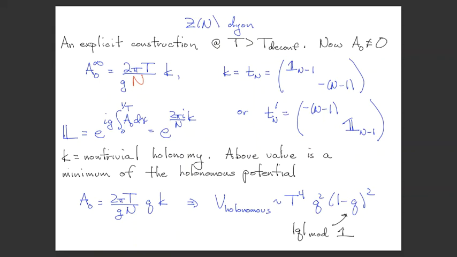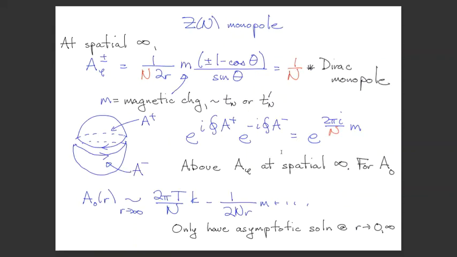I can calculate the value of this holonomy potential, and unless this thing is an integer, I'm going to get something non-trivial over space-time. And then I had a Zn monopole. So this is the usual Dirac monopole where I add a factor of 1 over n.